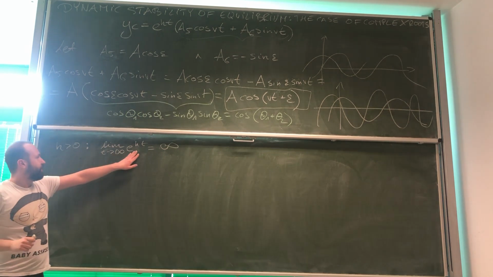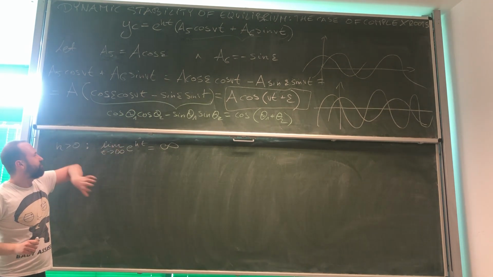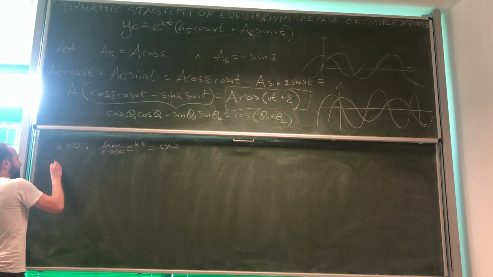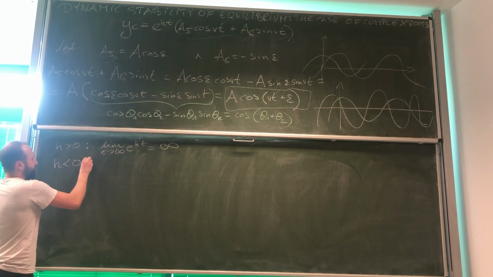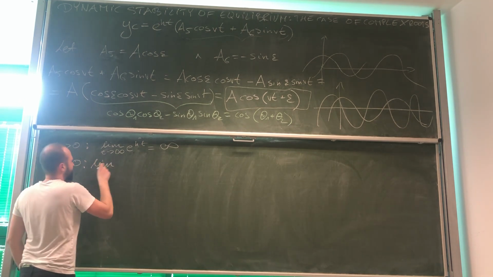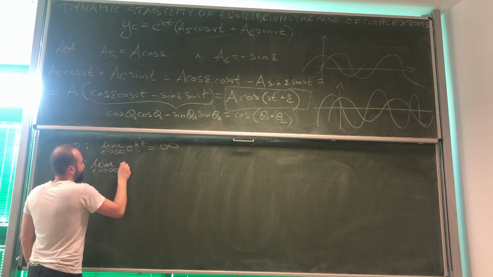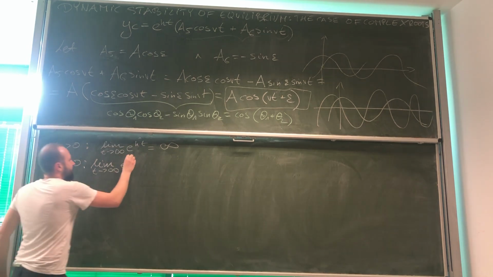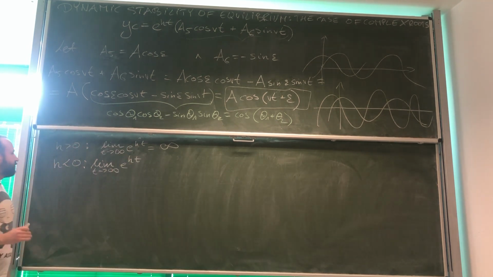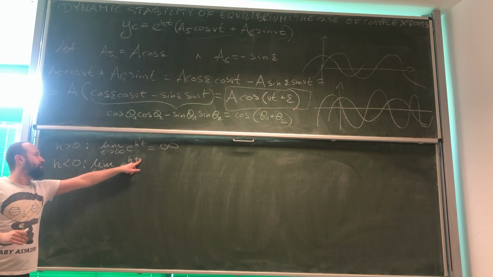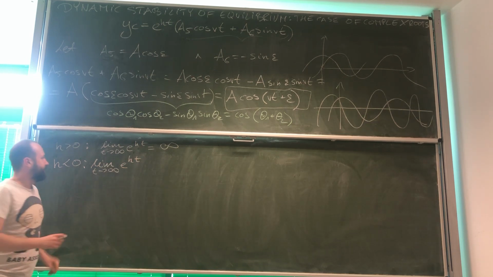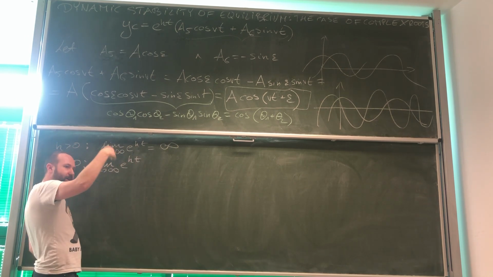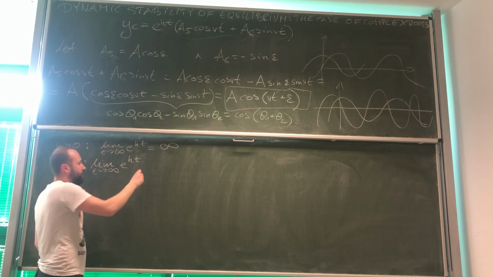This function is going to be ever increasing. Now, if h is lower than 0, what do we get out of it? Right now, look, if h is lower than 0, it means that as t becomes bigger and bigger, here we have a minus, right? So we divide 1 by e to a bigger and bigger power.